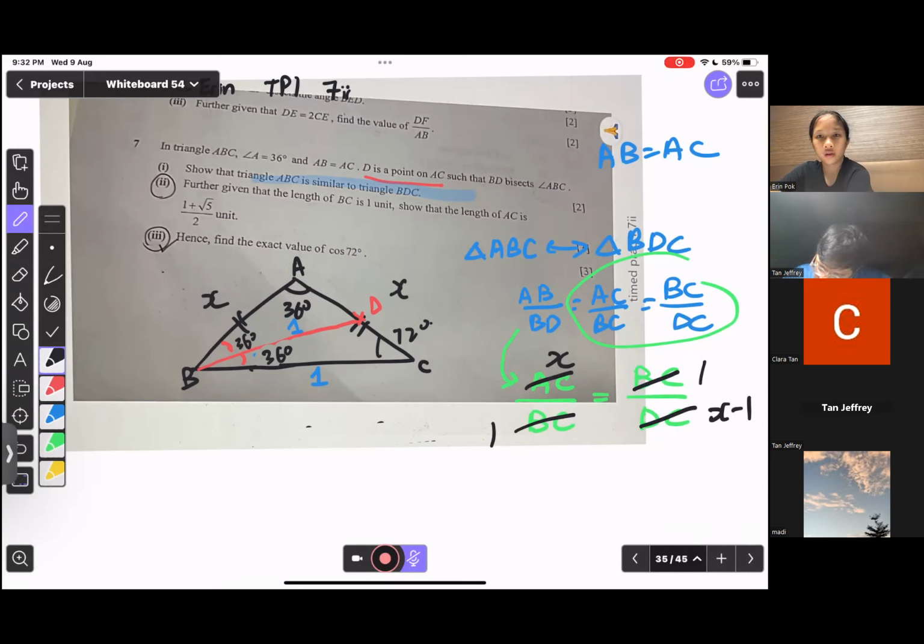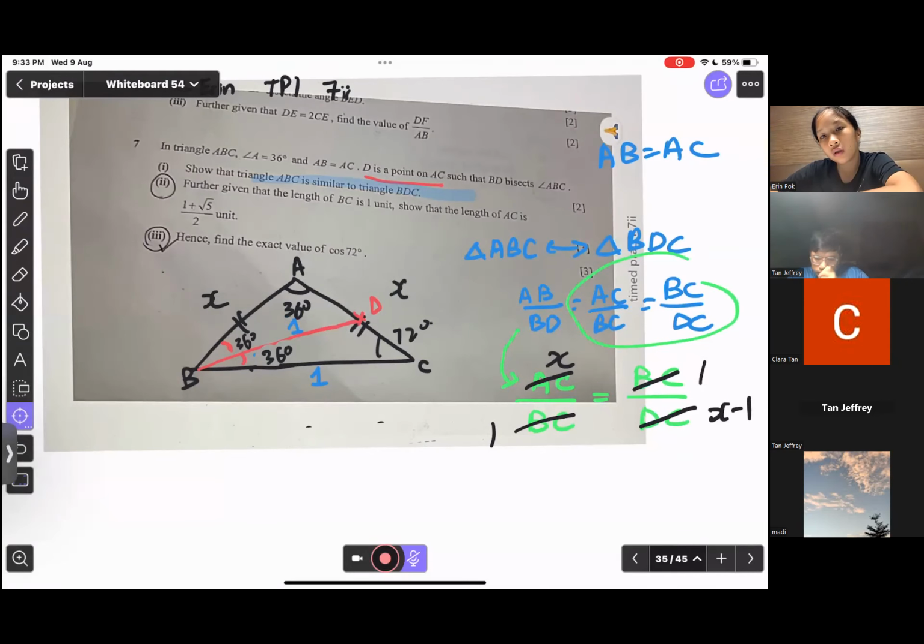Can I also call it half X? No. Because this is 1. AC is X, then DC is X minus 1. Is it because AD is 1? AD is 1 because these two angles are equal, so this is 1, this is also 1.